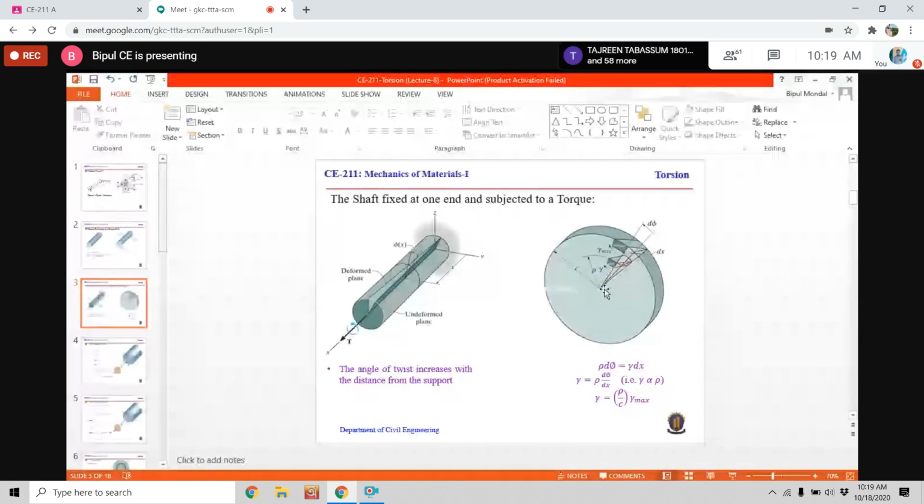And if we consider an element located rho distance from the origin, then we will try to determine the shearing strain, because if we apply torque, look at the figure, the original plane has been twisted here.